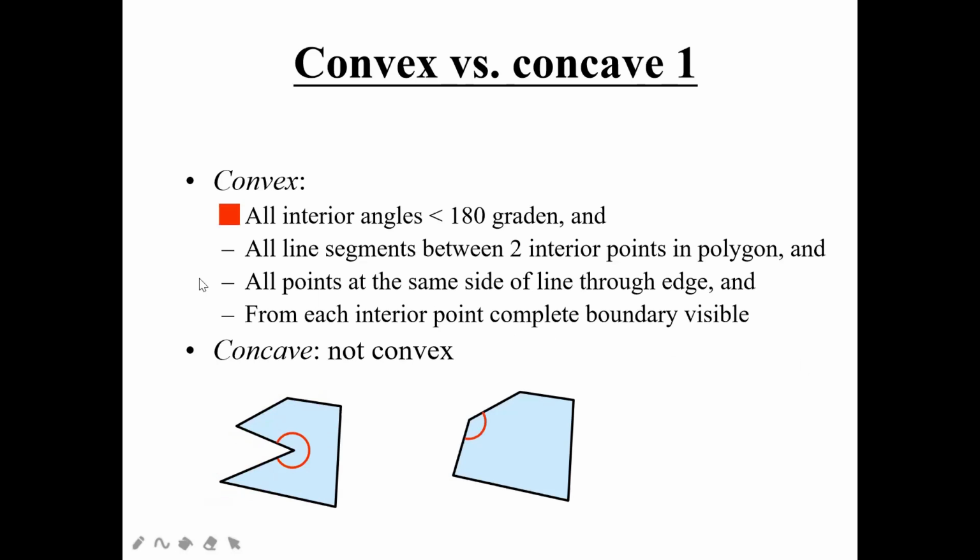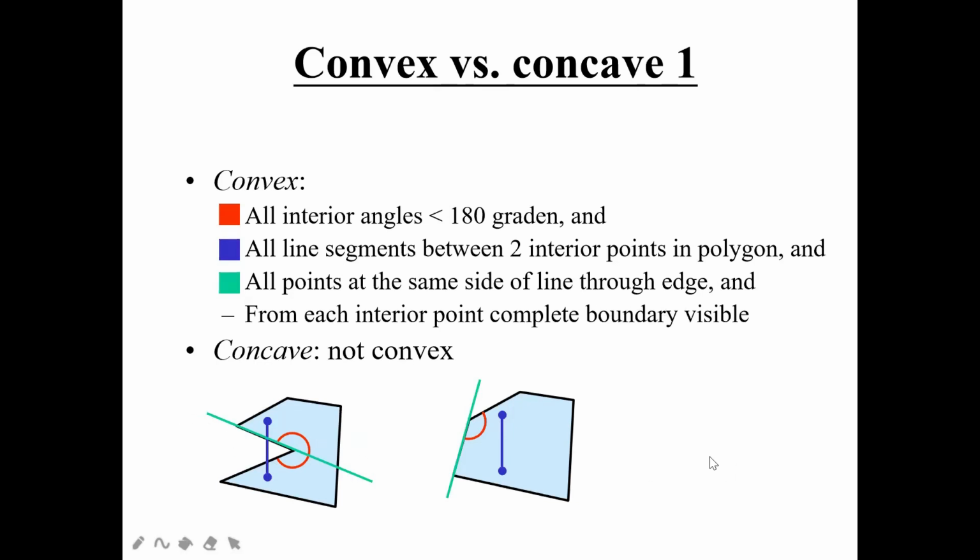Here you can see the first point, all interior angles. For the second point, all line segments between two interior points in the polygon, here also you can form the line segments. Now another point, all points on the same side of the line through an edge. This is also an edge.